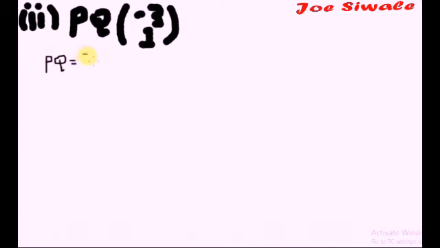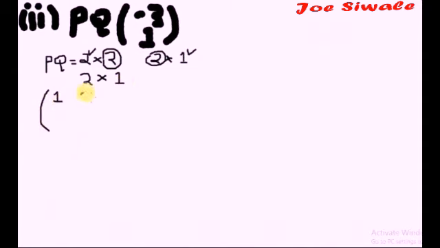The order of PQ is 2 by 2, and the order of the matrix −3, 1 is 2 by 1. Since the number of columns of the first matrix equals the number of rows of the second, these two matrices can be multiplied, and the final matrix will be a 2 by 1 matrix.